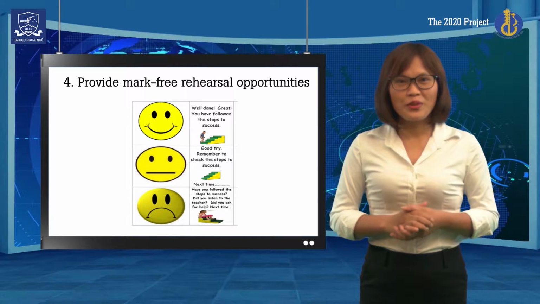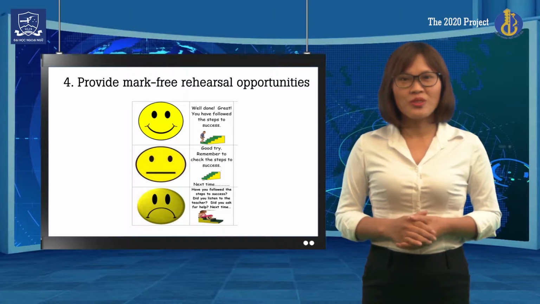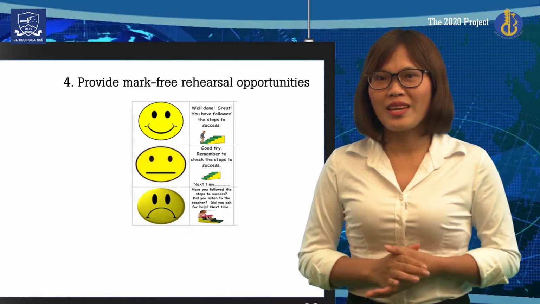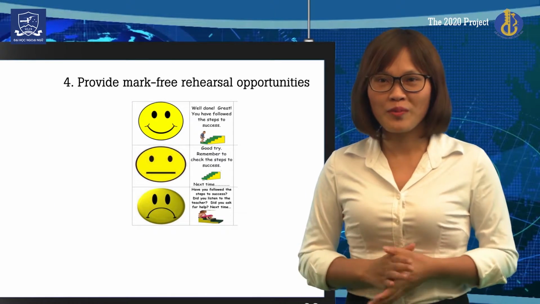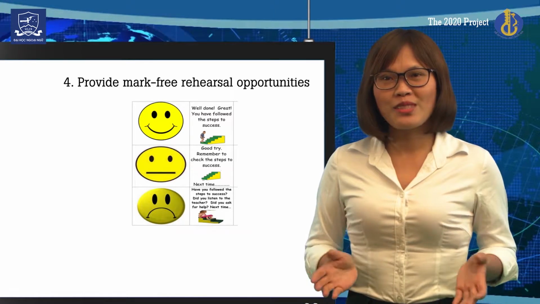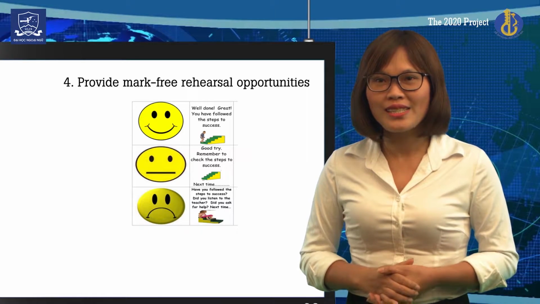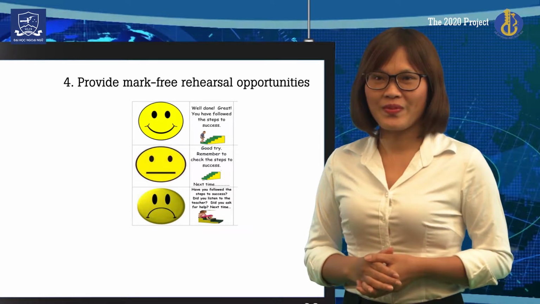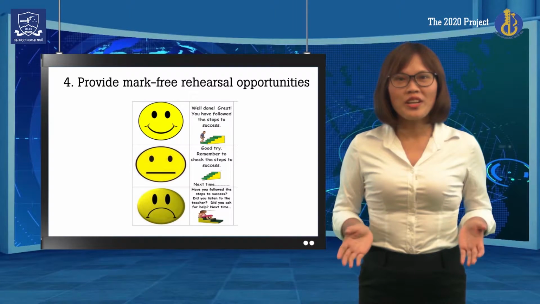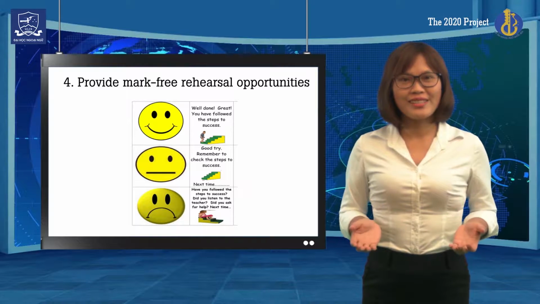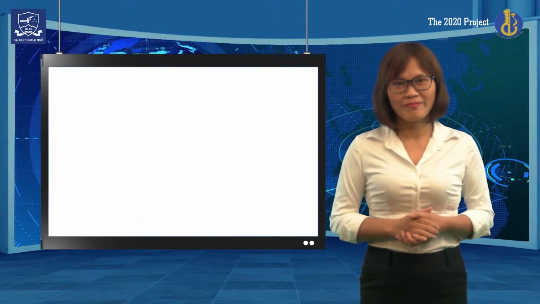Moreover, mark-free opportunities equal risk-free opportunities. Students can make mistakes and learn from them without penalties. This helps learners to dispel the feelings of fear, anxiety, and embarrassment. This will open the way for corrective explanations to be explored and thus helps them to learn.